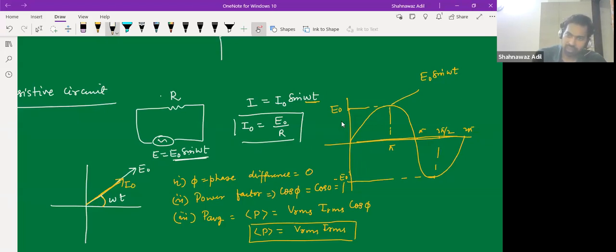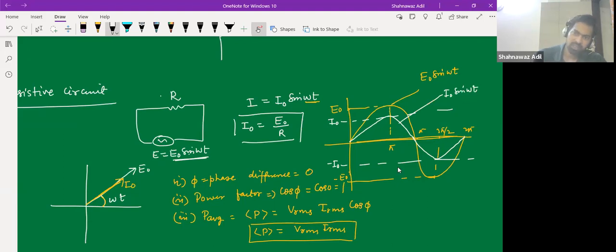So current had the maximum value, which was I naught. So it will go from minus I naught to I naught. So it will reach here, maximum, then go 0, then reach here, and then this way. So this was I naught sine omega t. This we did in the resistive circuit.